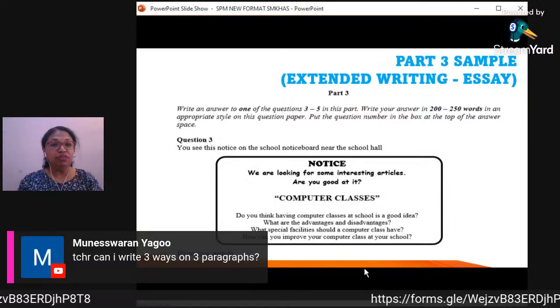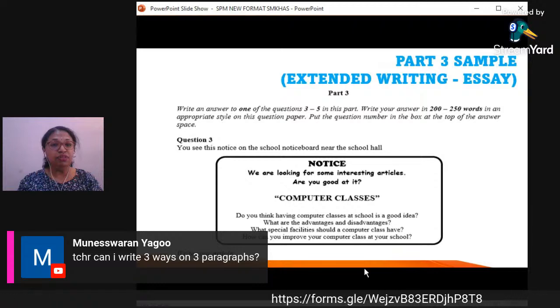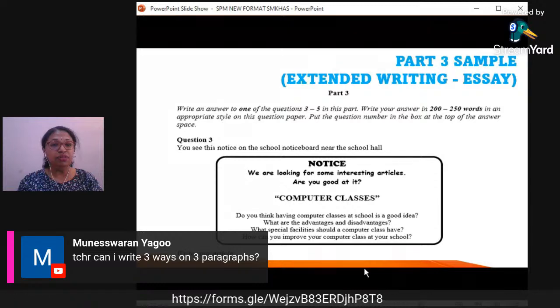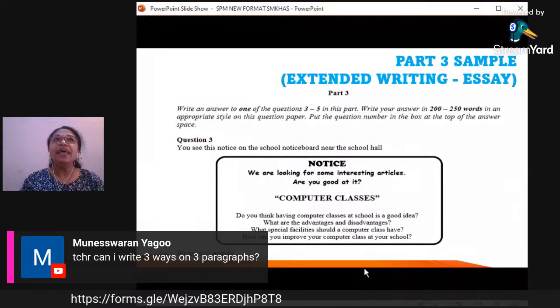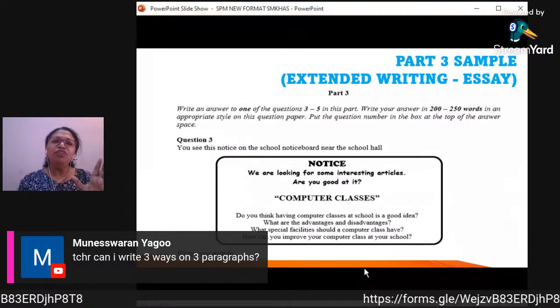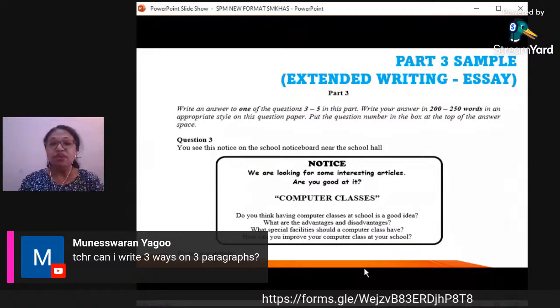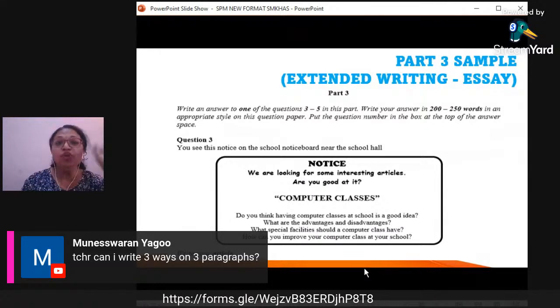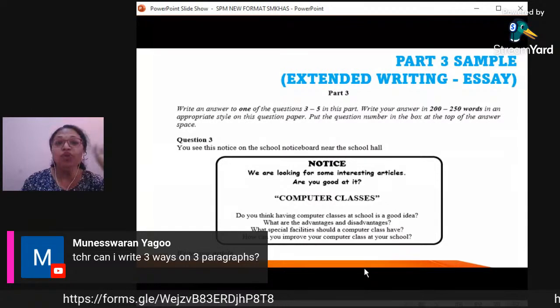Having computer classes at school is a good idea because it helps students a lot. Okay, that is the statement. If you want to make your article attractive, change the whole statement to a question, a hook question, to attract the reader.